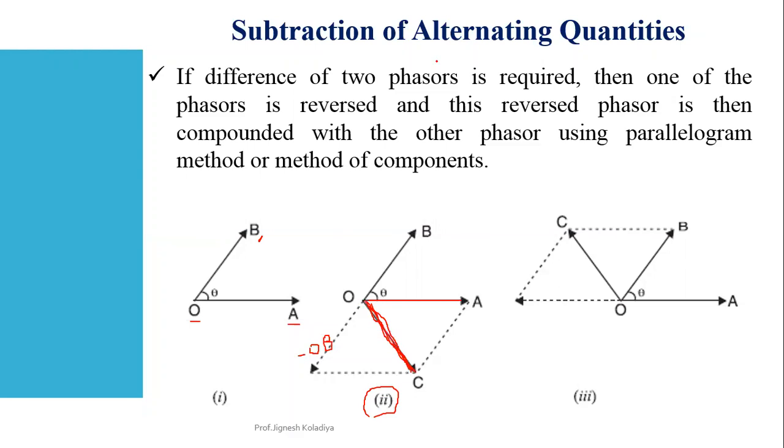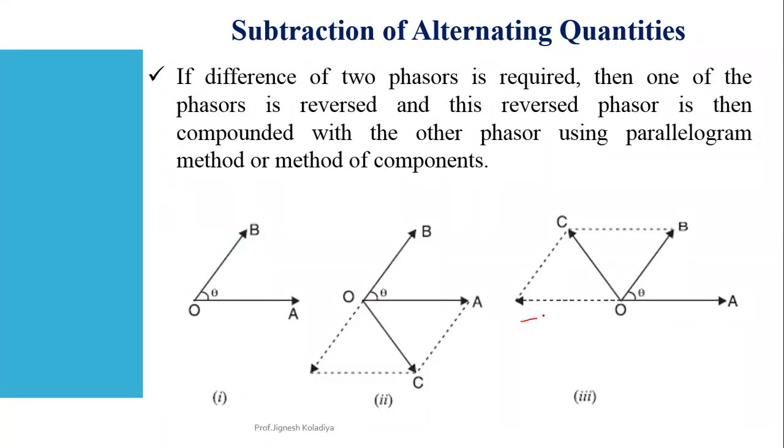Okay. One more thing you can see over here, that here it is written that one of the phasors is reversed. So here in this case, I have just taken the reverse of OB. But if you see figure number 3, in that OB will remain the same, but I'm taking the reverse vector of OA. So this is reversed with the same magnitude.